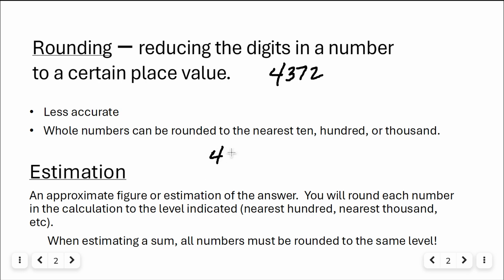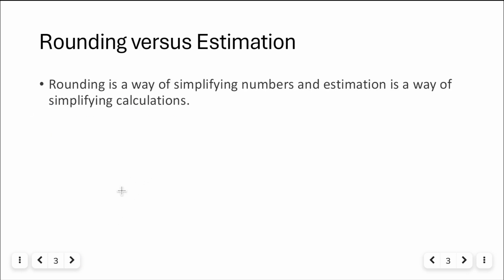So if I wanted you to take 4,372 and add 8,456, and I want to round my answer to the thousandths, well, then I'd round the 4,372 to 4,000, and the 8,456 to 8,000. And then add those two numbers together. Okay? So rounding is a way of simplifying numbers, making them look a little easier. And estimation is a way to simplify some calculations.